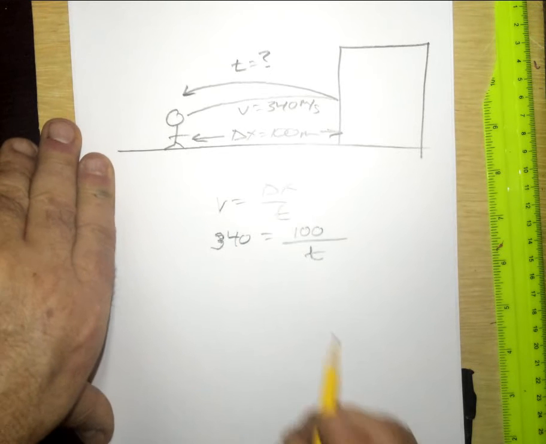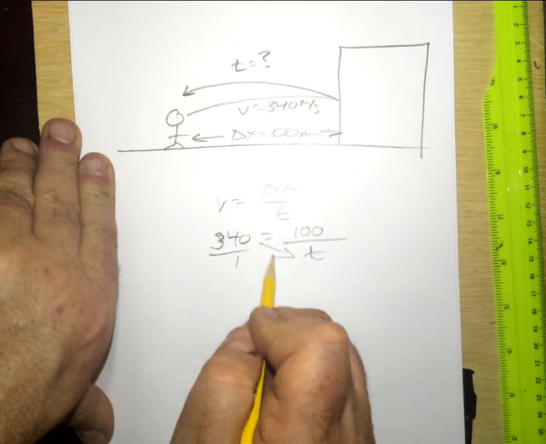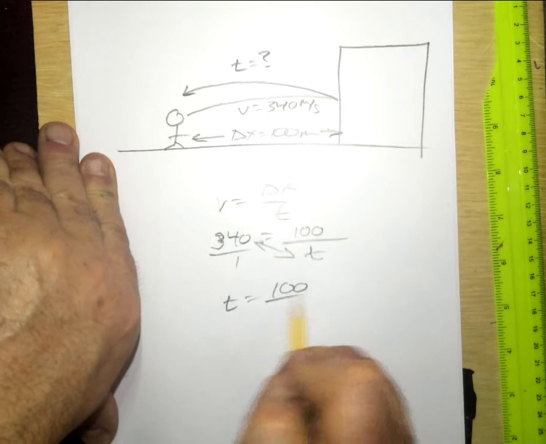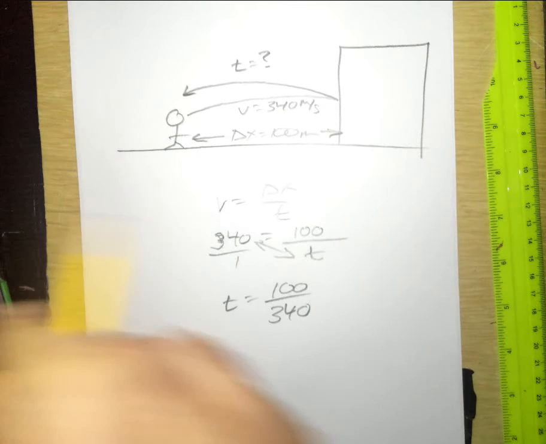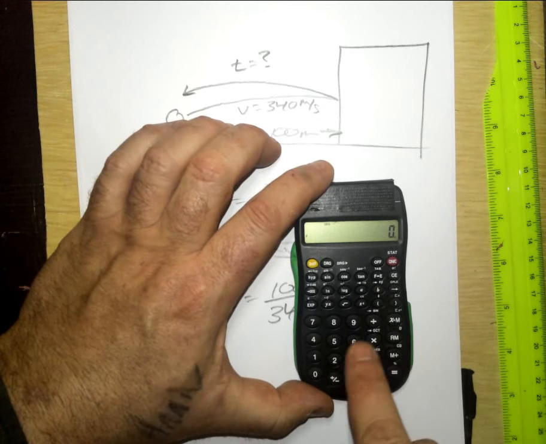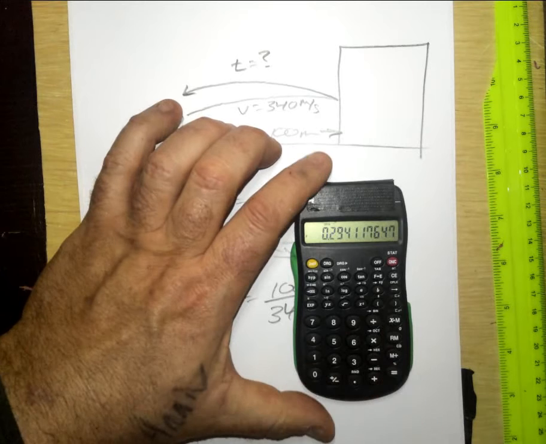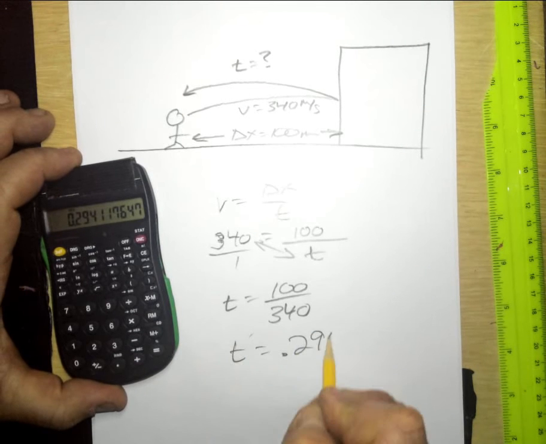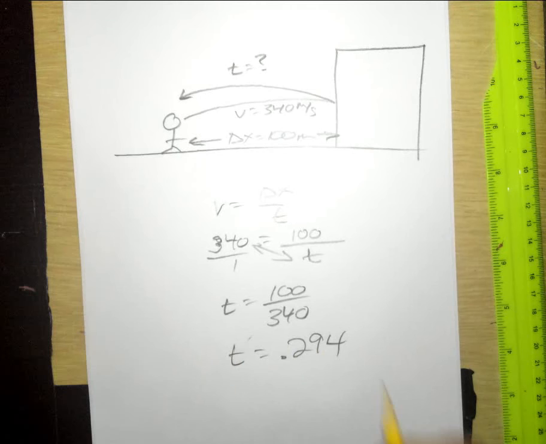One way of doing it is to make it a proportion and change the diagonals. We've done that lots of times. So you have T is equal to 100 divided by 340. What's that? Let's check that out. 100 divided by 340 is 0.294 seconds.